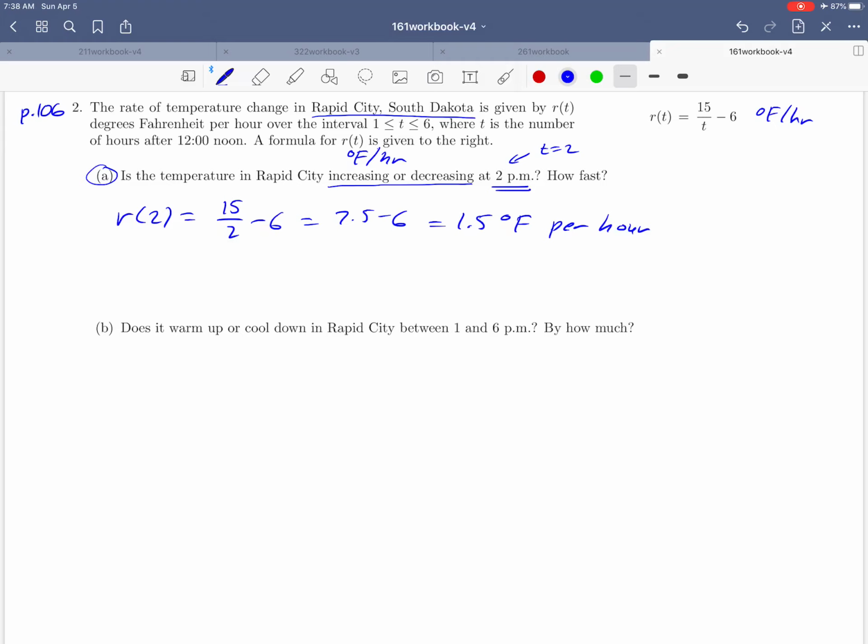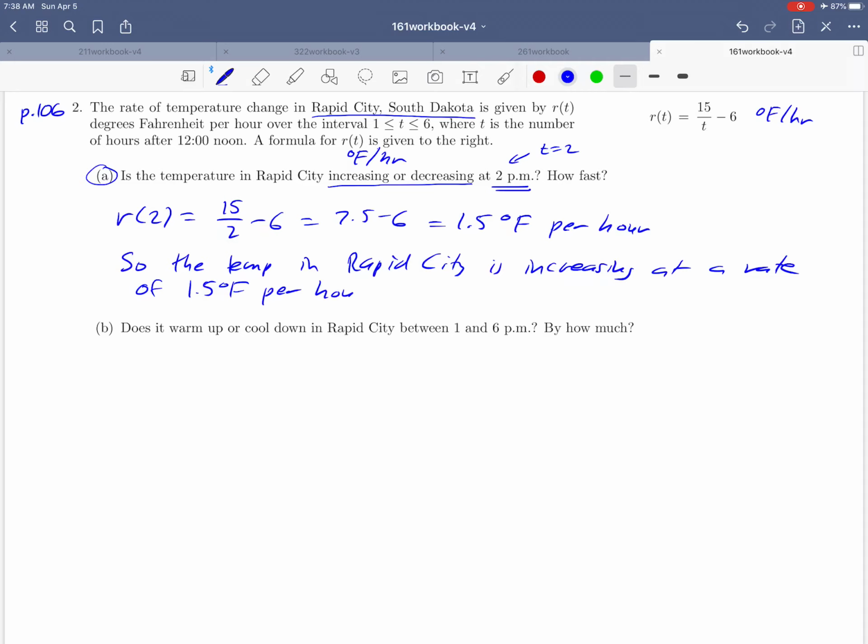Putting into words what we calculated, that's the rate of temperature increase at 2 p.m., so the temperature is increasing. So we have answered part A for this question.